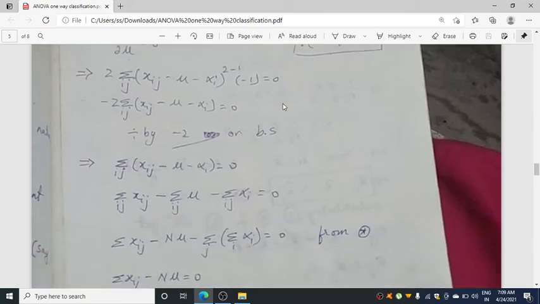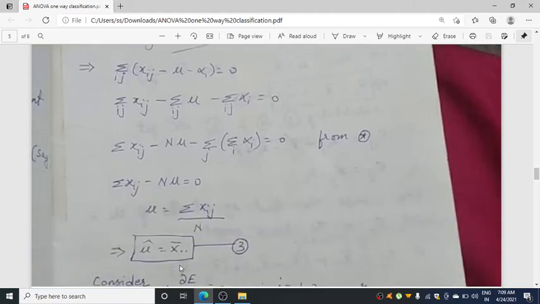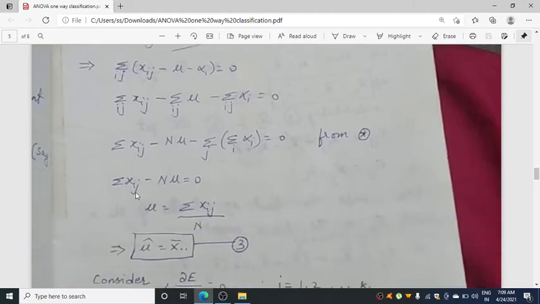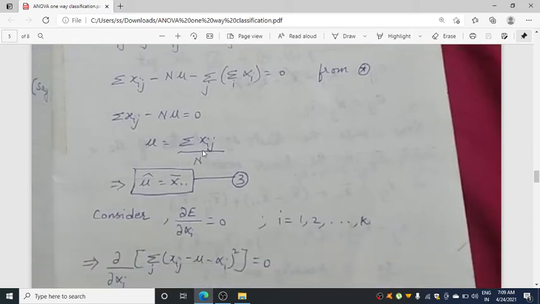So sigma xij minus n mu is equal to 0. Then you can write mu is equal to sigma xij by n, which is nothing but mu cap equal to x dot bar.